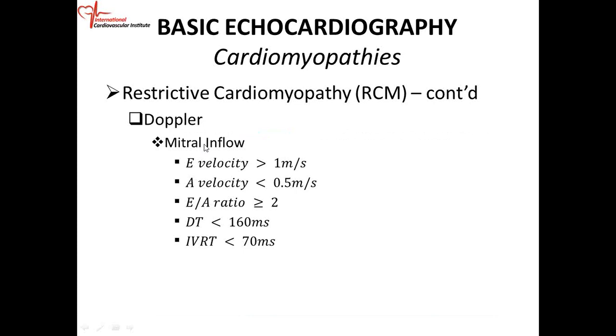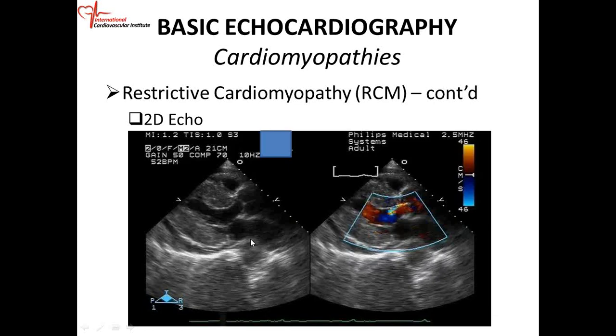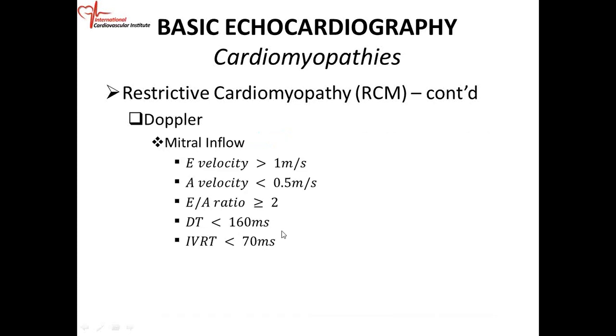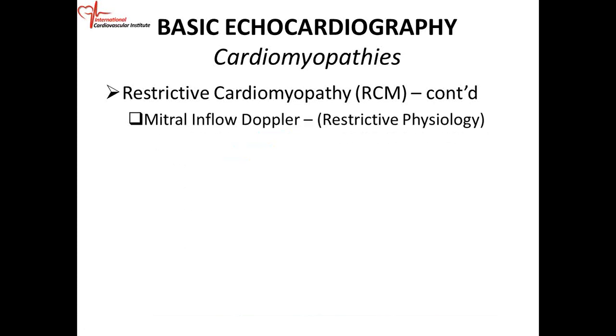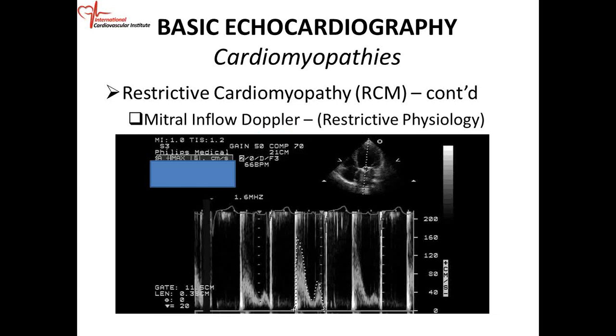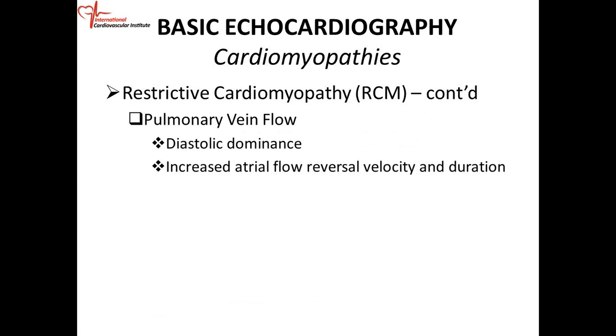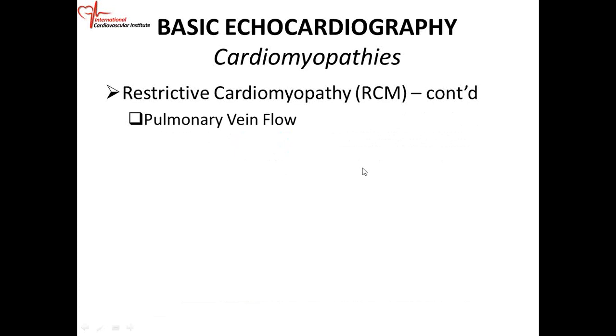So these patients commonly have diastolic dysfunction. So when you do your tissue Doppler imaging, your mitral inflow, they will have some evidence of diastolic dysfunction. They may even present with restrictive physiology, your E to A ratio greater than 2. When you look at your pulmonary vein flow, a very small systolic component and a larger diastolic component. And when you look at your atrial flow reversal, you're going to get increased velocity and duration.